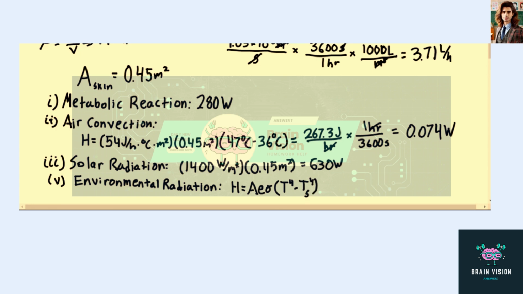However, in this situation, the person wearing this lighter clothing will cause the emissivity to drop to 0, so that'll mean this whole expression will just be 0. So environmental radiation won't affect the person's skin at all.